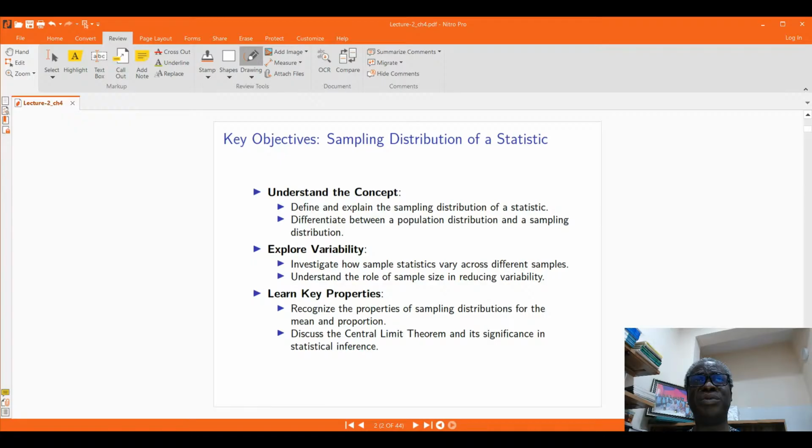We are also going to look at a fundamental theorem, which is the central limit theorem, and the importance of this theorem in statistical inference.